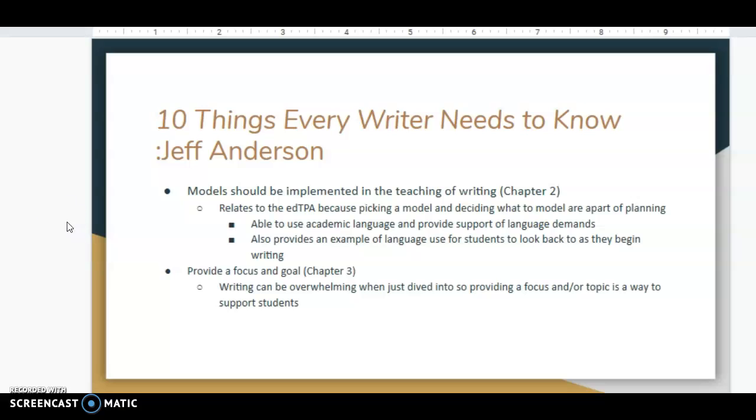And that also relates to the edTPA because you're making it very, very clear and stating that this is what you're writing about and showing students that that will be the focus of their assessment or assignment.